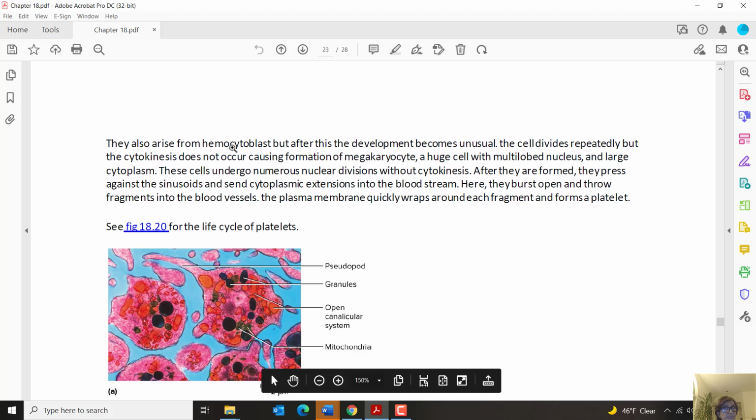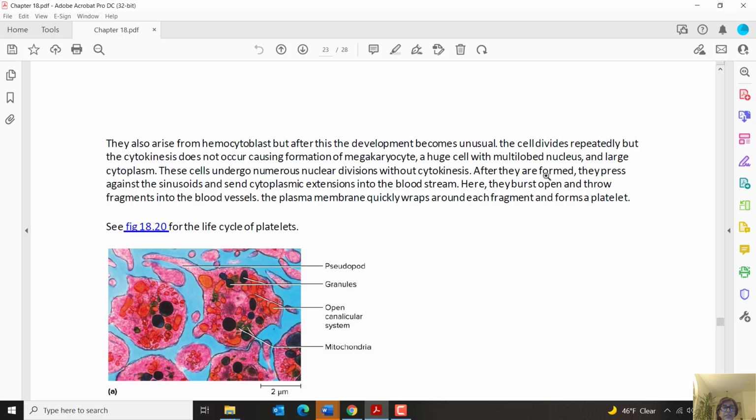They do arise from hemocytoblast, but their development becomes unusual, where the cell divides repeatedly but doesn't go through cytokinesis. So it forms a megakaryocyte, a huge cell with a multi-lobed nucleus and a lot of cytoplasm. These cells undergo numerous nuclear divisions without cytokinesis.